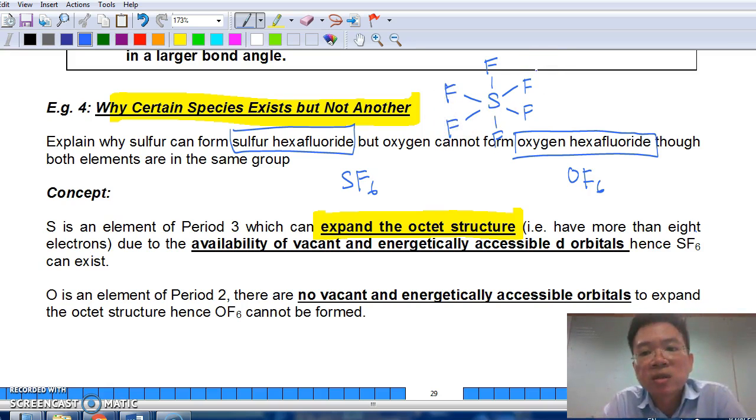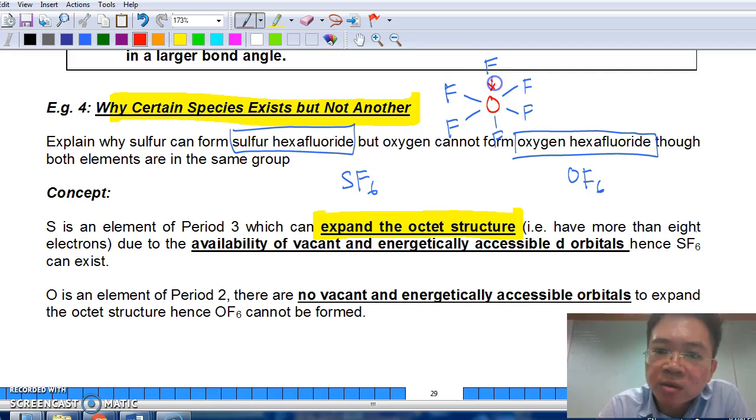We can draw it out. But if we were to change this center atom to oxygen, there's no such structure. Why? If we were to draw the structure and count the number of electrons, we will have a problem.